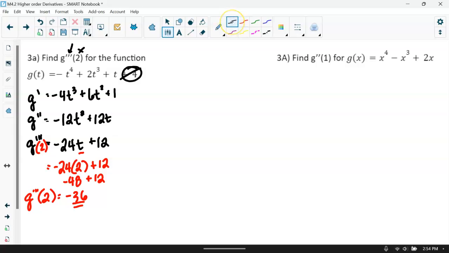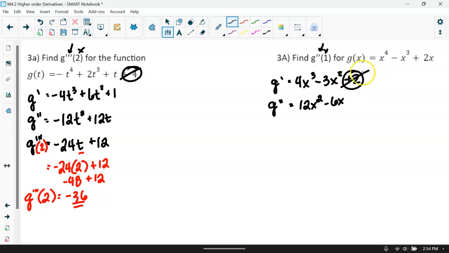And here we go. So notice how here you needed the second derivative to find when x is 1, what is the output? So here our first derivative is 4x cubed minus 3x squared plus 2. Then our second derivative is 12x squared minus 6x, right? Because derivative of a constant is 0. So here we go.